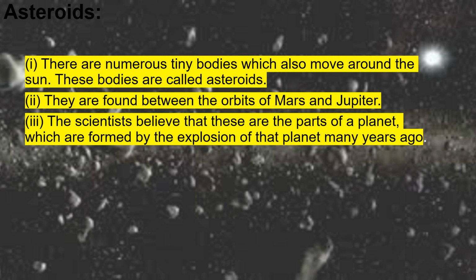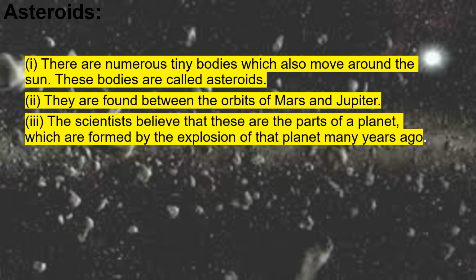These are basically found in a belt between Mars and Jupiter. This belt, which revolves around the sun, is named the asteroid belt. Scientists believe that these are parts of planets formed by the explosion of a planet many years ago.